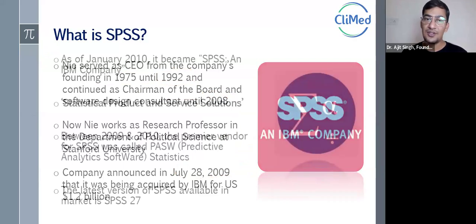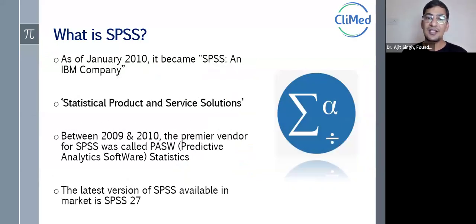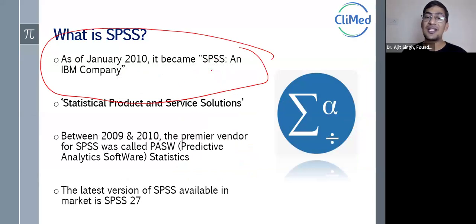So what is SPSS? At that time it was SPSS, the Statistical Package for the Social Sciences. Once IBM purchased it, they changed the name. It is still SPSS, but now the full form is Statistical Product and Service Solutions.